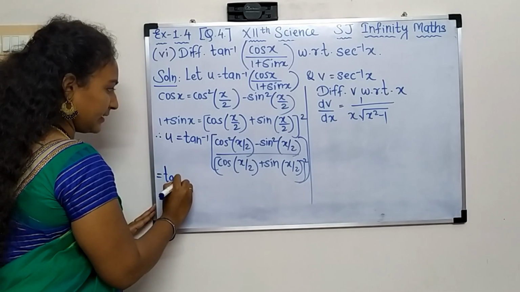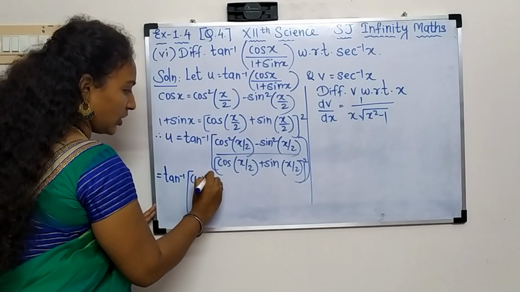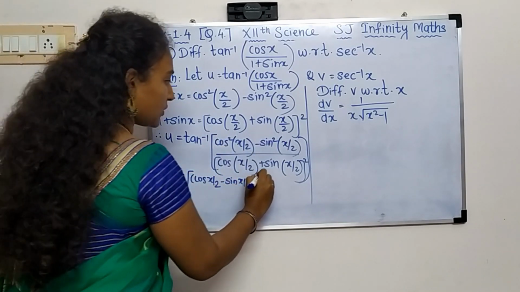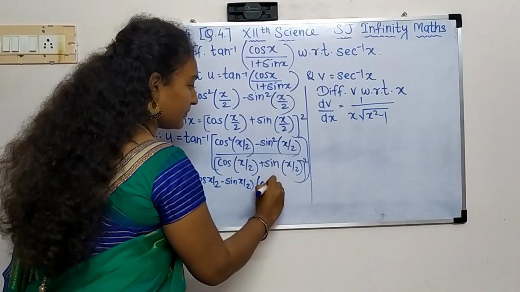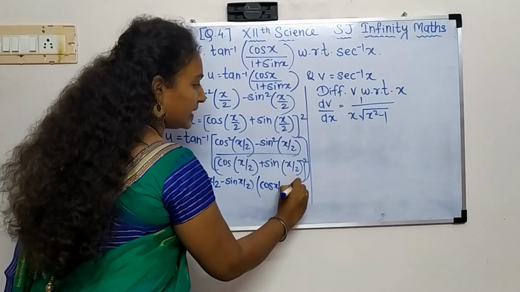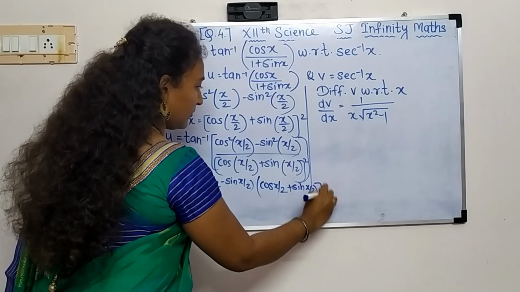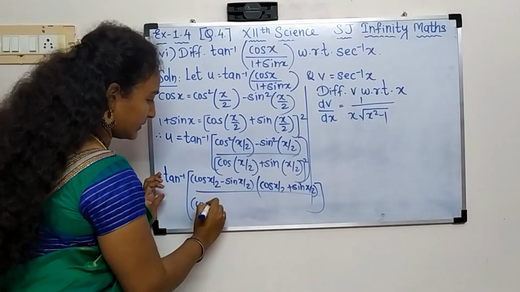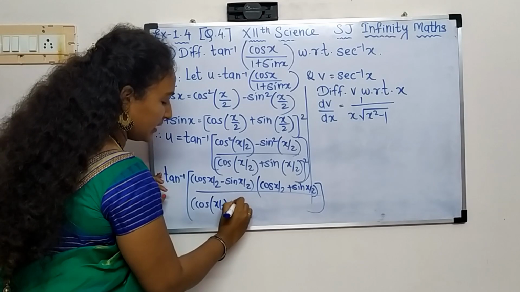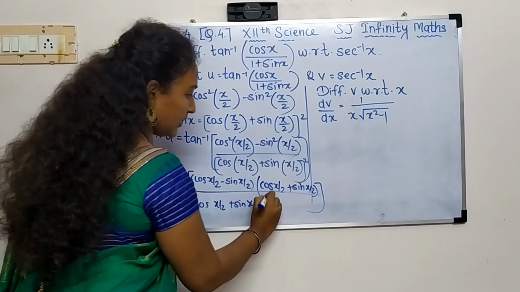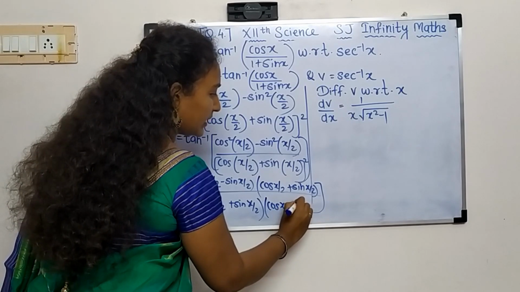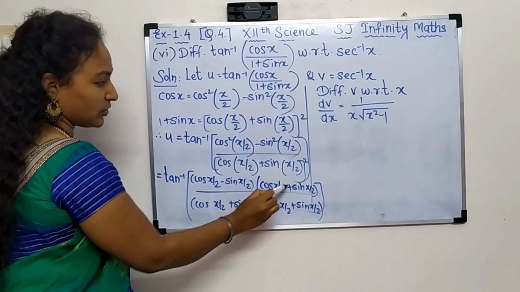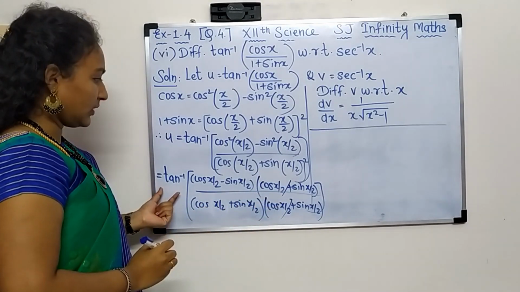This is tan inverse cos x by 2 minus sin x by 2 using a square minus b square, that is a minus b into a plus b, cos x by 2 plus sin x by 2 upon, since this is a square we are going to write it 2 times, cos x by 2 plus sin x by 2 into cos x by 2 plus sin x by 2. Okay. So we can cancel out cos x by 2 and cos x by 2.